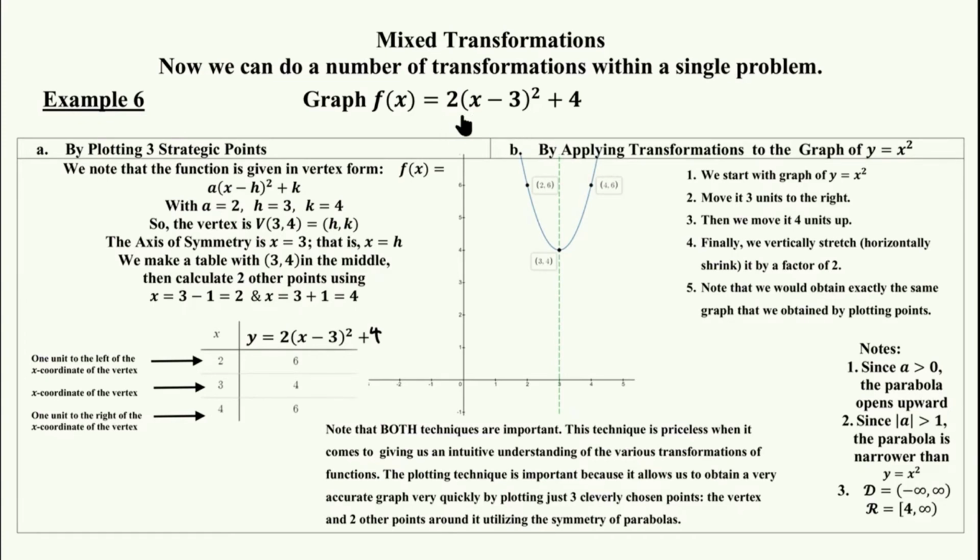So remember, when we want to create our table, the first thing we're going to do is find h, which is going to be the x coordinate of the vertex, and the easiest way to do it is to just set this equal to 0. So when you solve that, you get what? You get x equals 3. So we know that's going to go in here.